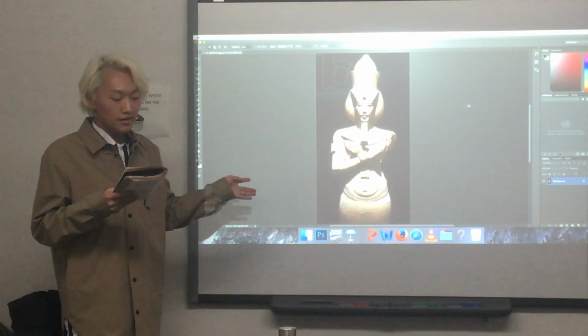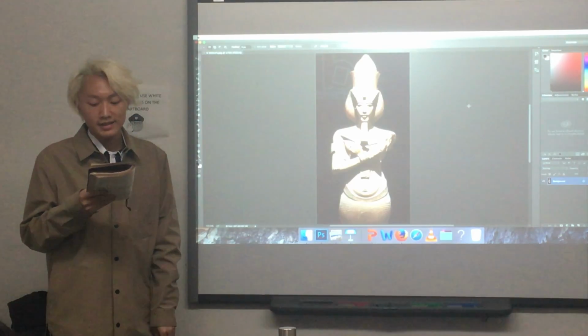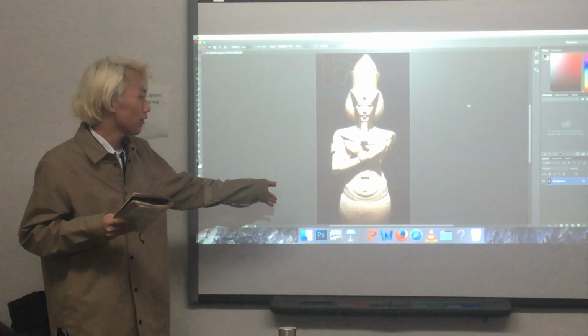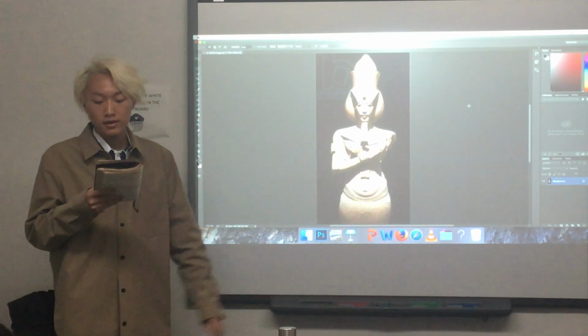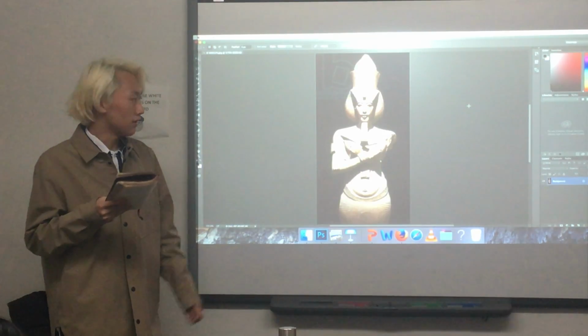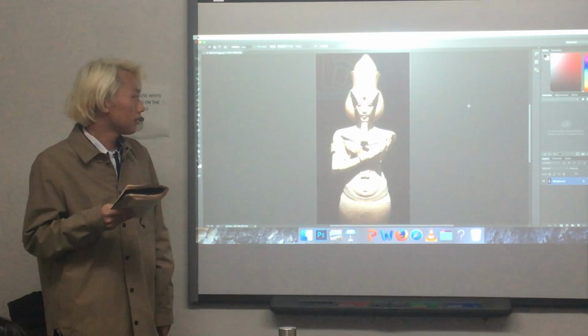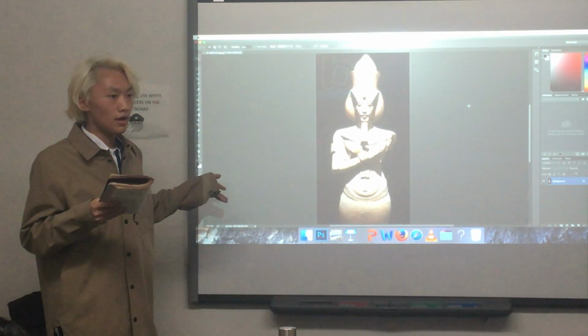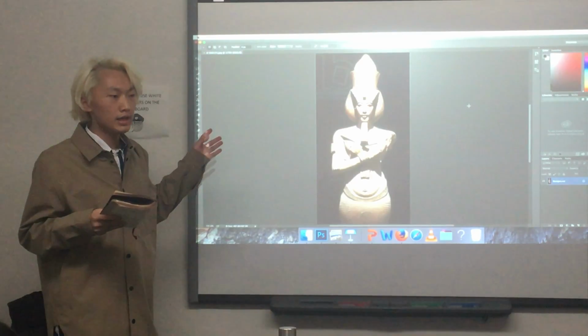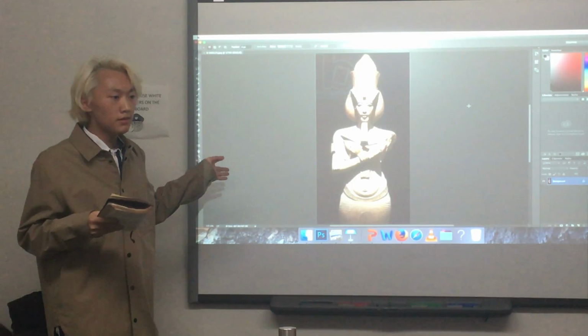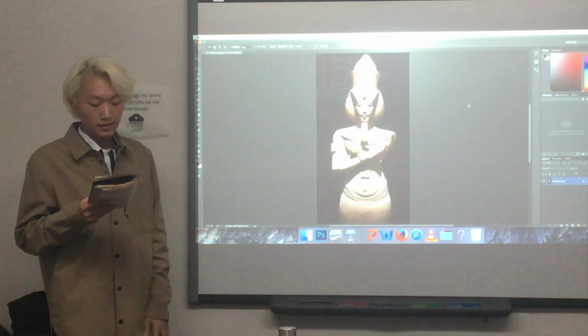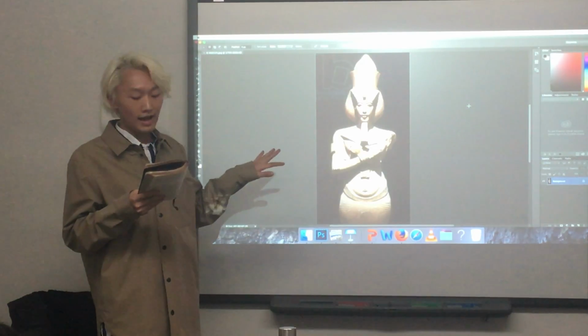He has an effeminate body with a really curving contour. He also has a swollen belly, which is different from Menkaure, who is really masculine and stiff.